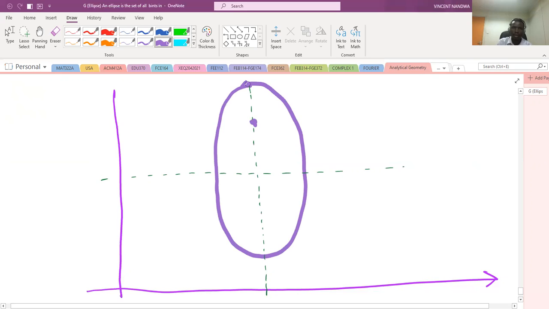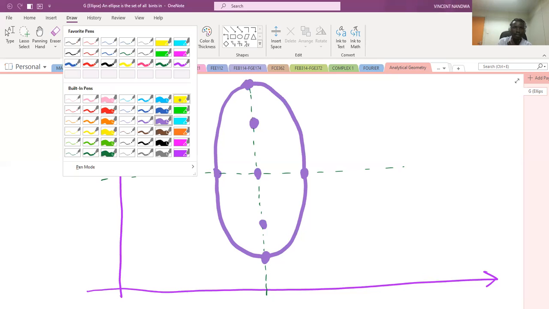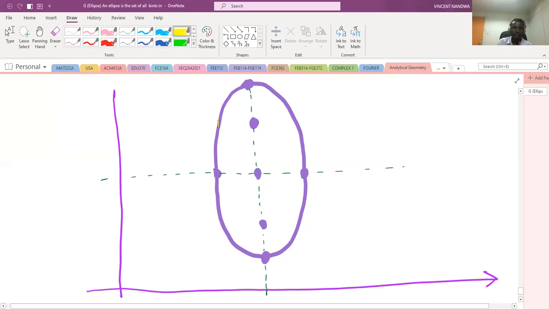So this is the vertex. This is the center. One focus here, another focus here. And then let this be the lattice rectangle.